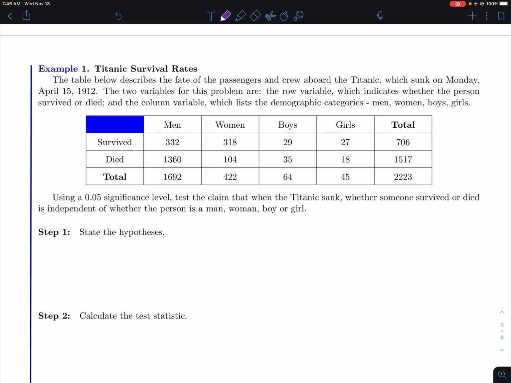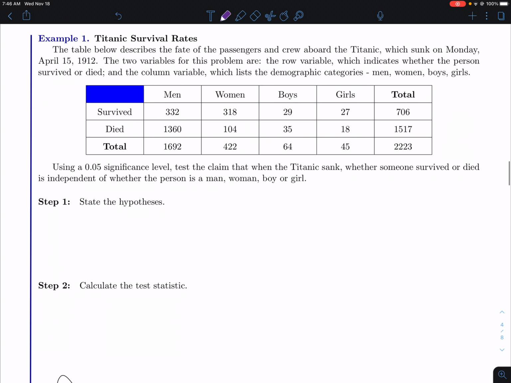The bottom are the number of people that died. And then the column variable is the types of people, so men, women, boys, girls. And using a 0.05 significance level, test the claim that when the Titanic sank, whether someone survived or died is independent of whether the person is a man, woman, boy, or girl in this case.